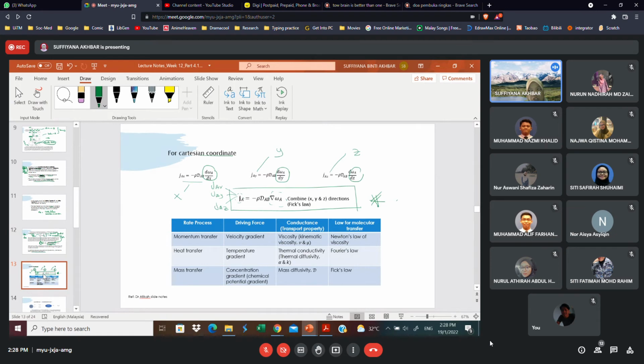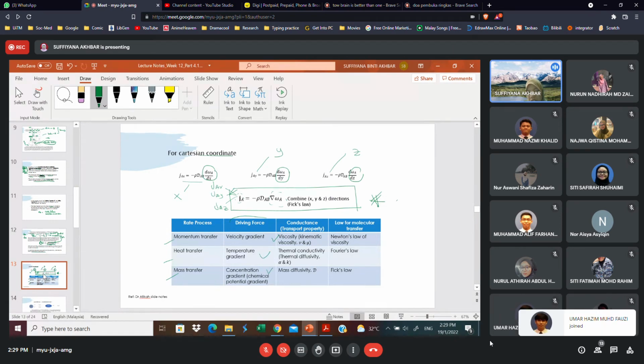Okay, so this one you need to remember. When I say molecular transport equation, it obeys Fick's law. As a conclusion, let us compare our transport phenomena: momentum, heat, and mass transfer, and the differences of these three. In terms of driving force, momentum transfer is the velocity gradient, heat is temperature, meanwhile for mass it is the concentration.